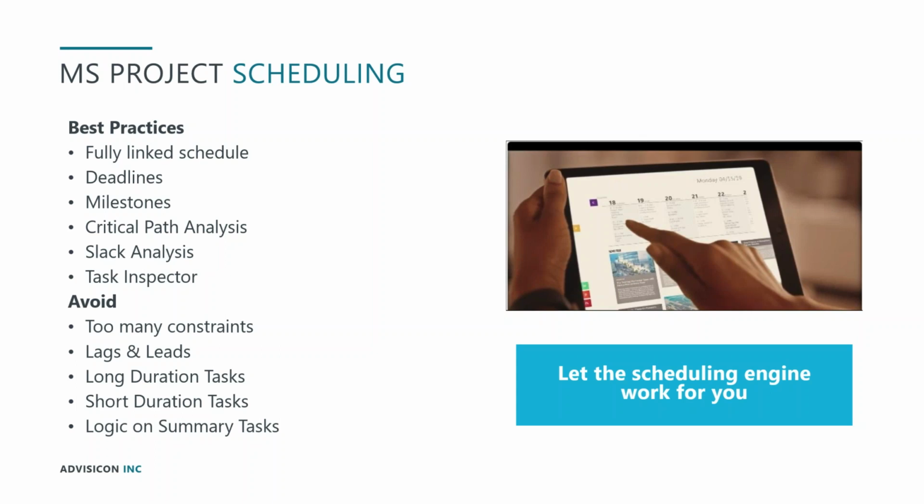Okay, summary tasks. We want to avoid making a summary task anything more than the aggregation of the detailed tasks that comprise it. We want to avoid having predecessors and successors tied to our summary tasks directly. We want to avoid having resource assignments on our summary tasks.